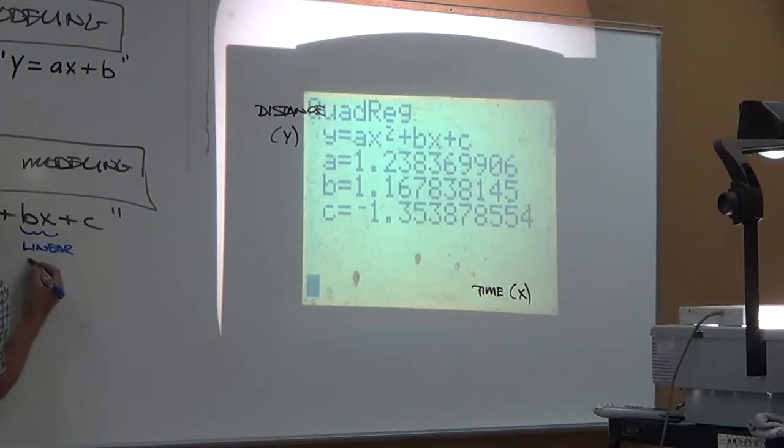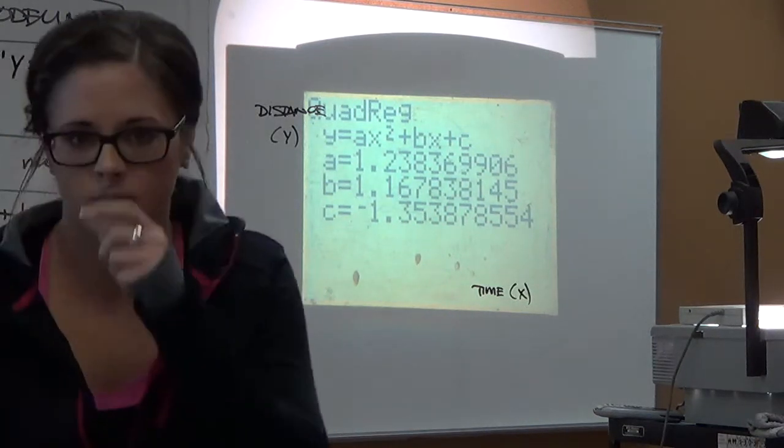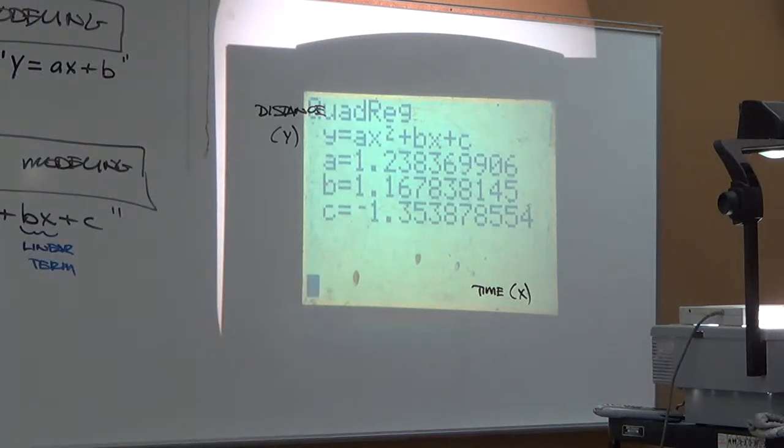So if the exponent was other than 2, it would no longer be quadratic? If the highest exponent is other than 2, it wouldn't be quadratic anymore. If it was 1.2x cubed, it would be cubic. So you name a polynomial by its degree.